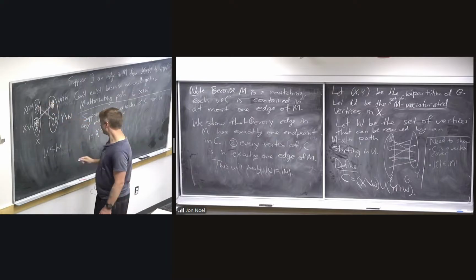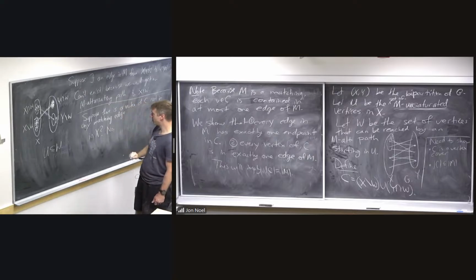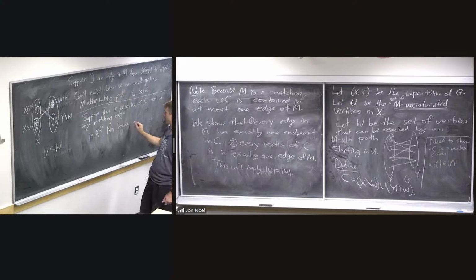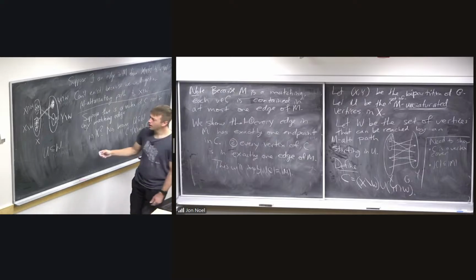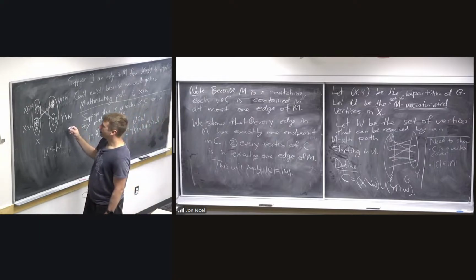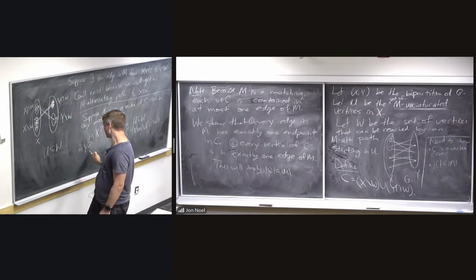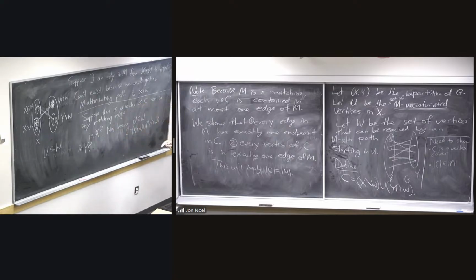So this can't happen. You can't have an unsaturated vertex of C that's in X, because U is a subset of W, and remember, C is X minus W union Y intersect W. So the things in X that are in C are the ones that are not in W. Now the question is, could there be a vertex of C that's in Y and is not saturated?